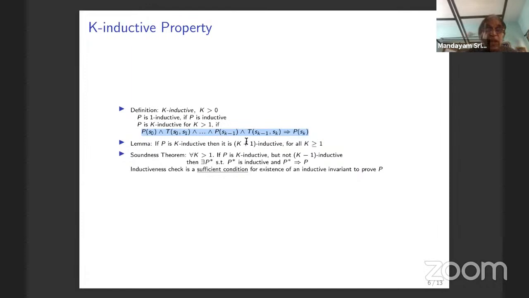And the reason is, now you know that you can do a series of existential quantification and elimination, eliminating all of S0 through SK minus 1, then you get it, okay? And that is what is happening. This theorem, this inductiveness check, is a sufficient condition to show that there exists an inductive invariant.